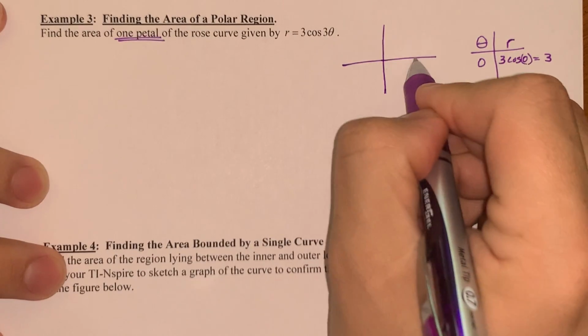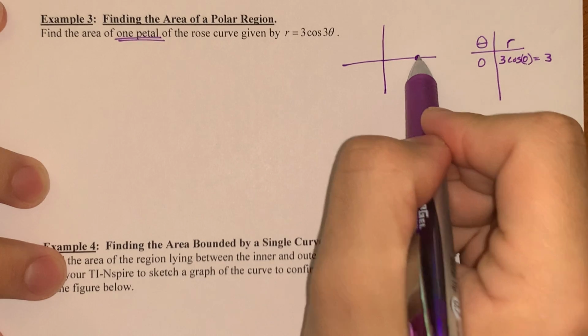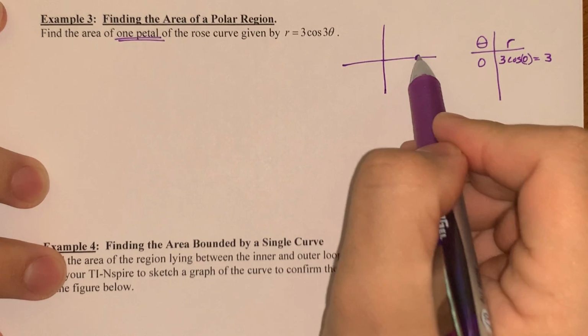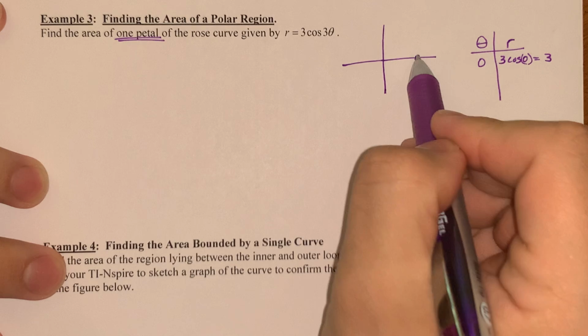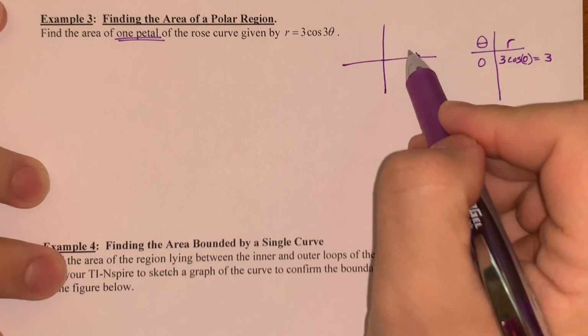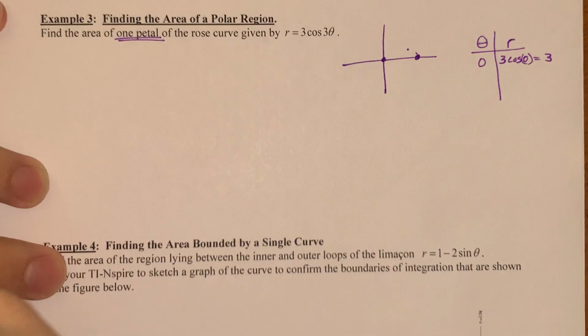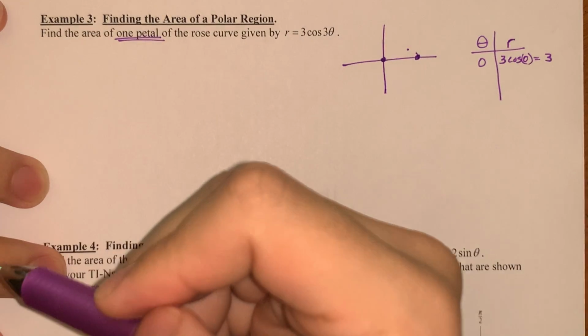So that's where we started off with our rose petal, right? And then we went up here, and then eventually we came back to that right there.